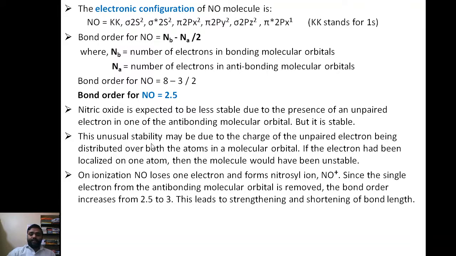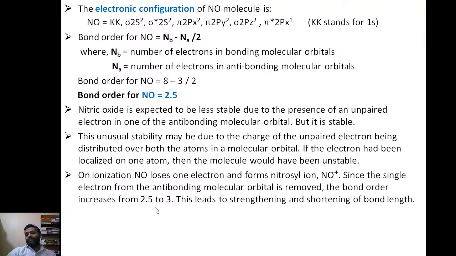But on ionization, NO loses one electron and forms the nitrosyl ion. Important: NO is nitric oxide, and NO plus is the nitrosyl ion. Since a single electron from the antibonding molecular orbital is removed, the bond order increases from 2.5 to 3.